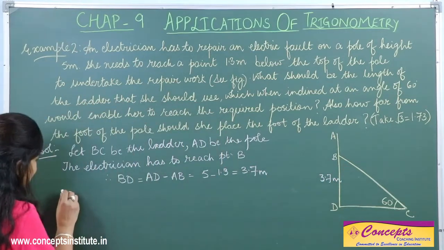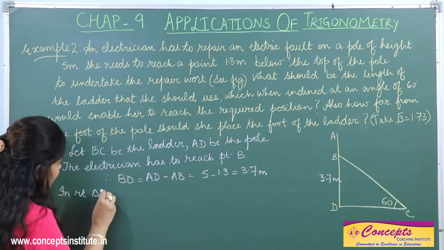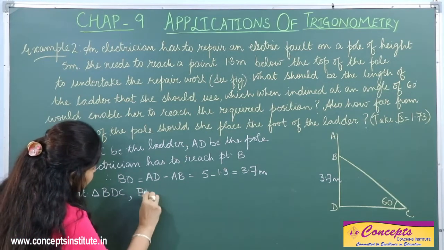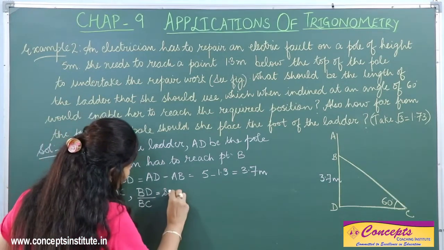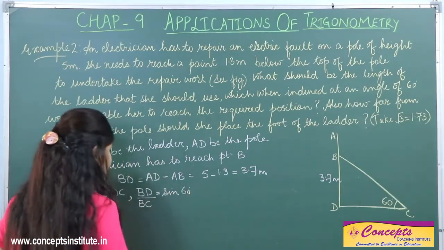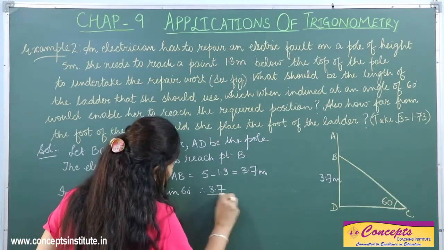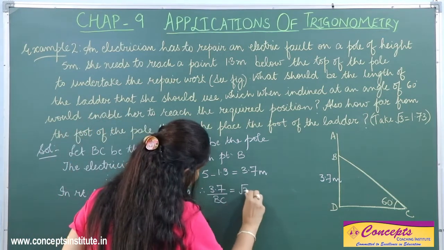So I can write, in right triangle BDC, perpendicular which is BD upon hypotenuse which is BC, this is equal to sine 60, right? So therefore 3.7 upon BC, and students, sine 60 is root 3 by 2.